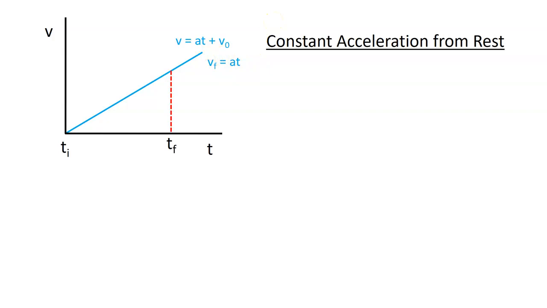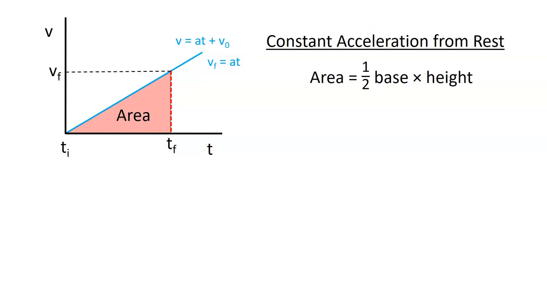We do the same thing where we choose a time interval, and then we picture the area under that graph. In this case, a triangle, whose area would be 1/2 base times height. The height of the triangle is going to be given by v final, and we'll show how to work that into the equation eventually.